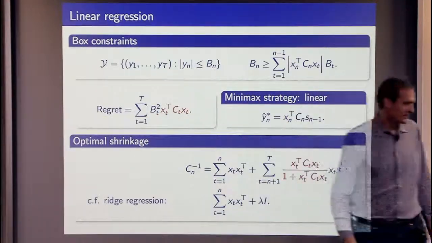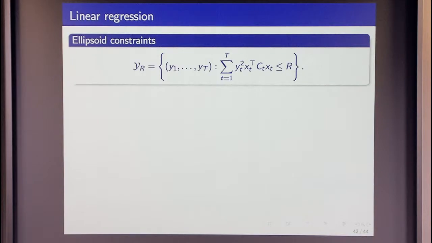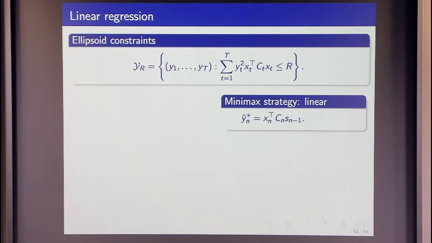So the natural thing to consider is what happens if you impose an ellipsoid kind of constraint of exactly that sort. So think about constraining the adversary in this way, where the sequence is constrained so that the sum satisfies an inequality of this kind. And it turns out the optimal strategy there is the same thing, and the minimax regret is exactly this upper bound.